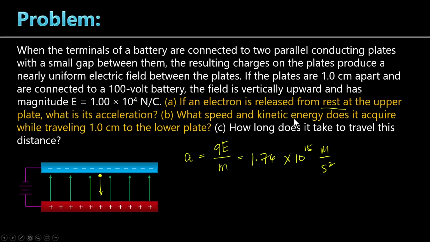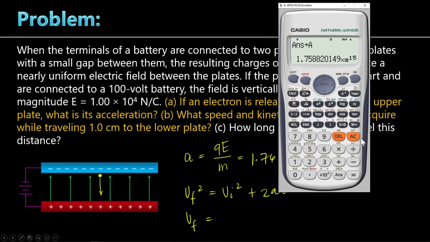Next, what speed and kinetic energy does it acquire while traveling 1 centimeter to the lower plate? Diba parang kagaya lang yun ng problem kanina. Itinanong sa atin yung speed. Pwede natin gamitin yung kinematic equation na Vf squared is equal to Vi squared plus 2AD. Ang final velocity ay equal sa square root ng 2AD. Right? Gawin natin yan sa calculator.